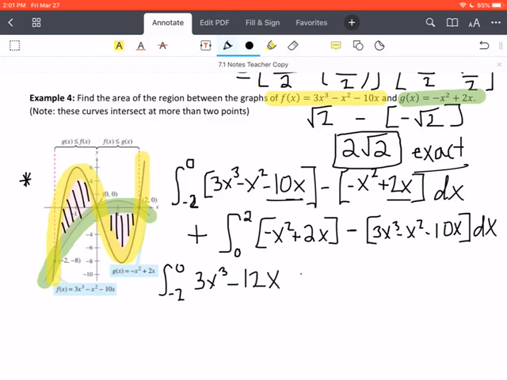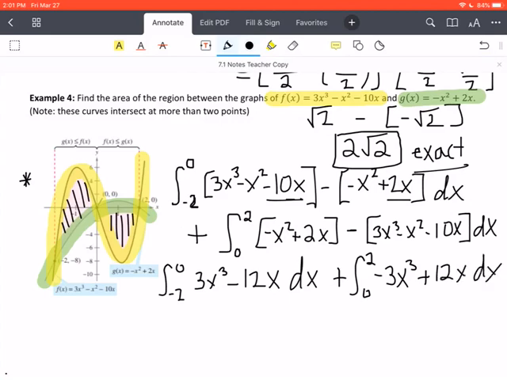Don't make silly arithmetic errors. And then we're going to add that to the integral from 0 to 2 of, let's see, -3x cubed. And then we have -x squared and a double -x squared, so those cancel out. And then we have 2x and then really plus 10x, so we have positive 12x dx.